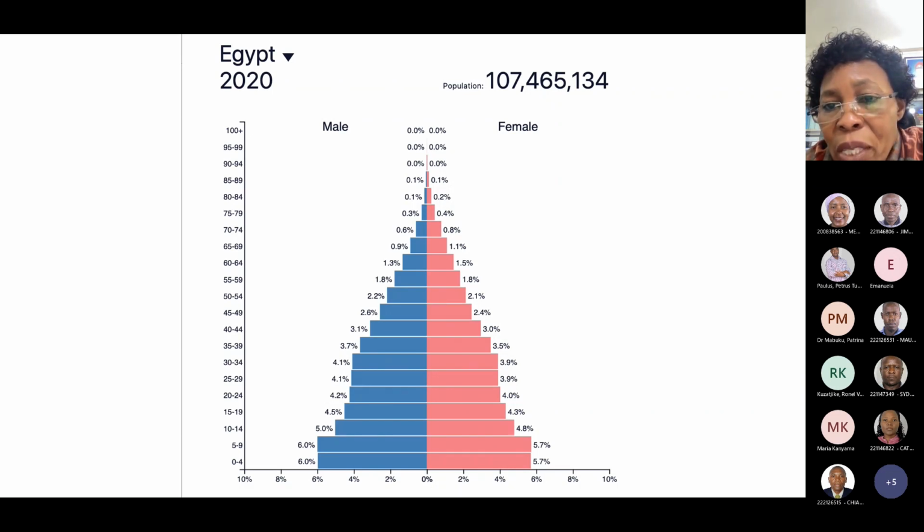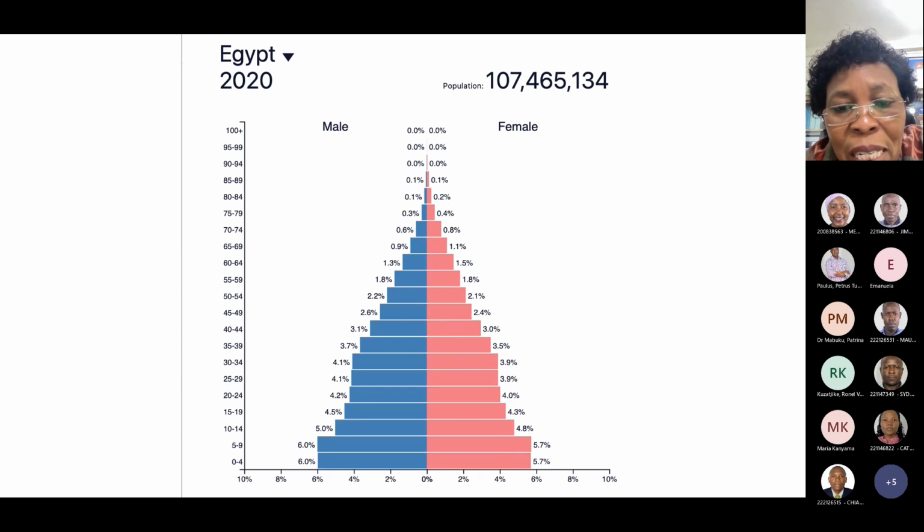I'm sure we are all on the same page. 0 to 4 means children who are under 5. They are 0 years to 4 years old. And then look at the next bar from the lowest, and that is the 5 to 9.